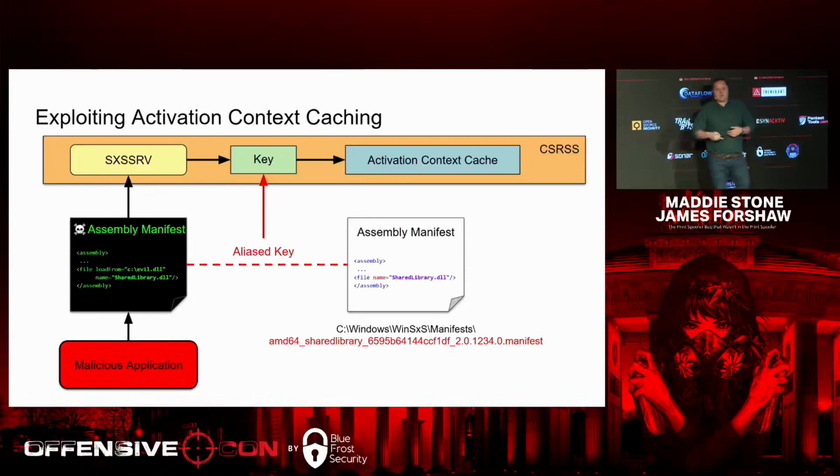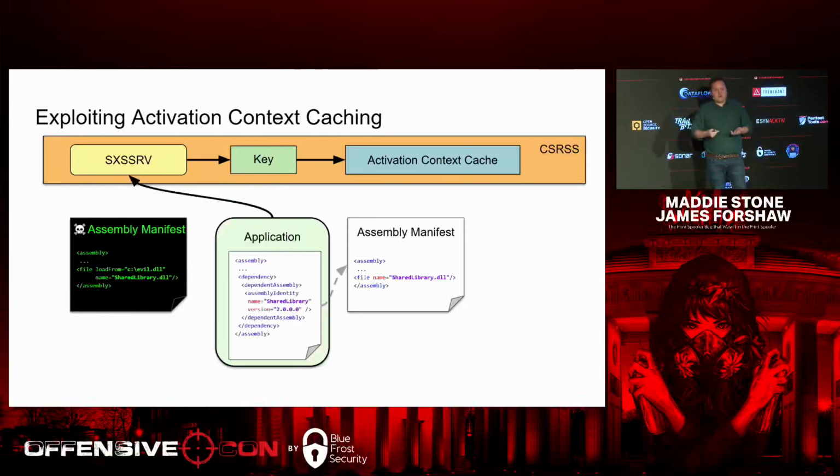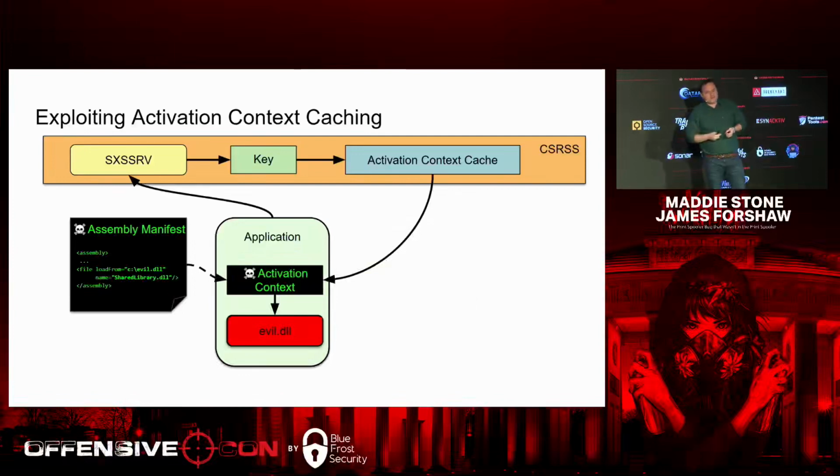Once that application goes away, another application comes along and says, hey, I need to use this manifest file. It talks to the side-by-side service, and it goes, sure, based on that key, for that manifest, I know I've already built the activation context for you. Unfortunately, that activation context is now malicious, and it potentially can load an evil DLL or something like that. So you've now compromised that potentially privileged process.